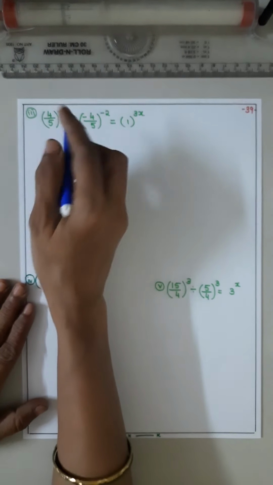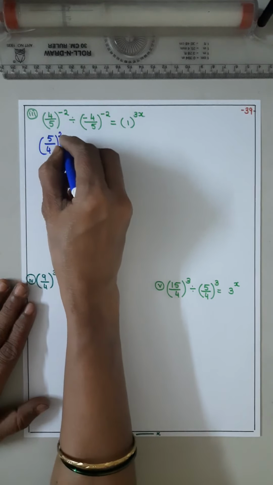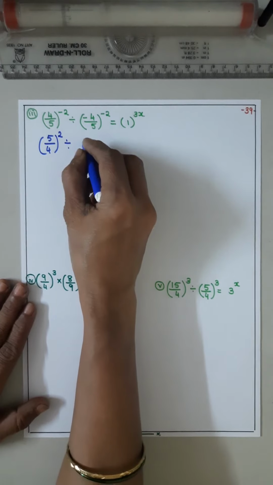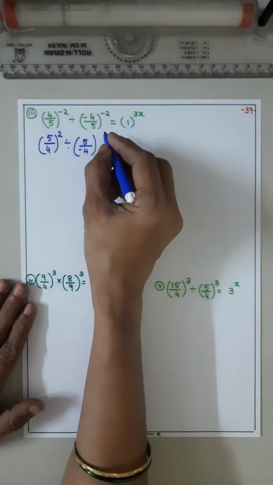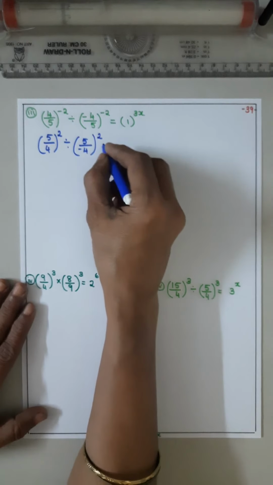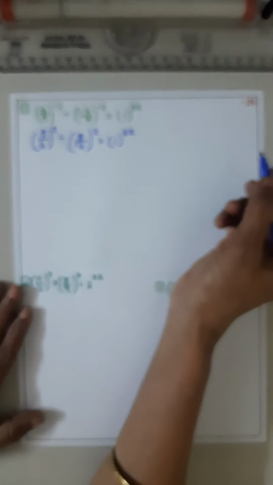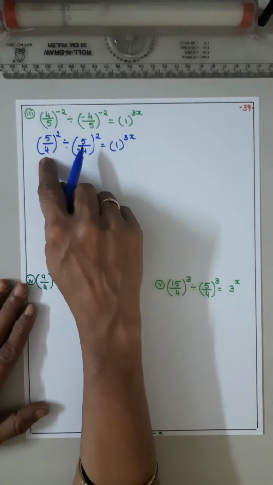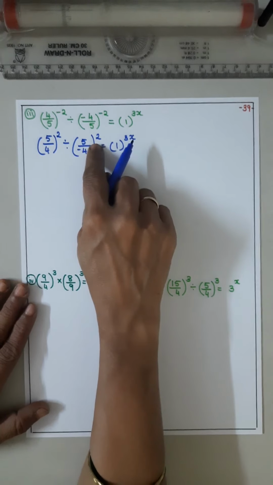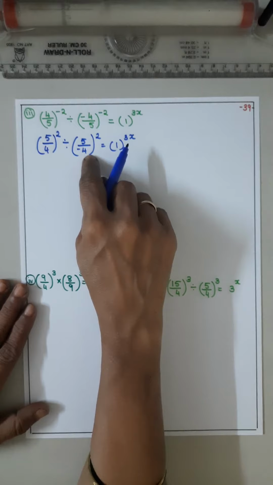So this becomes how much? 5 by 4 the whole raised to 2 divided by minus 5 by 4 the whole raised to 2, equal to 1 raised to 3x. Now this is 5 by 4, but here it is a minus 5 by 4.